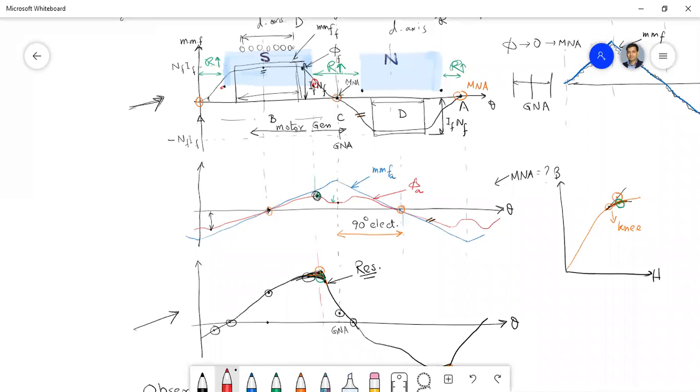Now for a generator, that red circle pole tip is basically the trailing pole tip. So for a generator, you will get the increase in flux at the trailing pole tip and reduction in flux at the leading pole tip. Is that point clear?